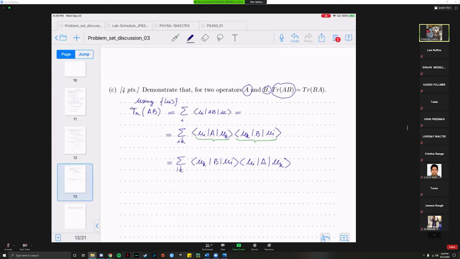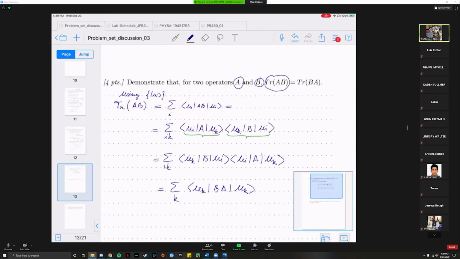So this is equal to the sum over k of <u_k|BA|u_k>, which is just the trace of BA.